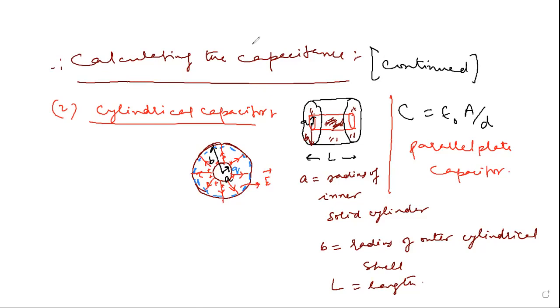Now, when we select our Gaussian surface, let me use this color.